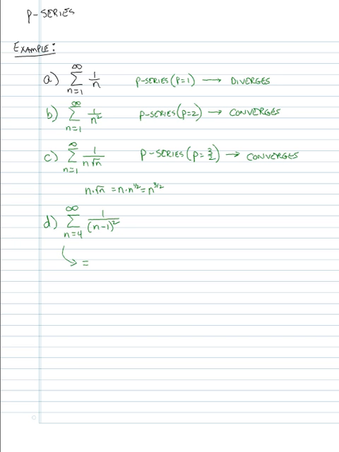So when n is equal to 4, we'd actually have 1 over 4 minus 1 squared, or 1 over 3 squared, wouldn't we? Plus, when n is 5, we'd have 1 over 5 minus 1 squared, which is 1 over 4 squared. And then as n increases, we'd get 1 over 5 squared, and this would continue. So this is actually the tail of a p-series, isn't it?